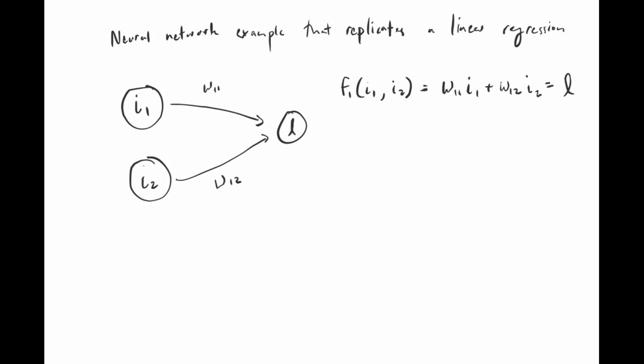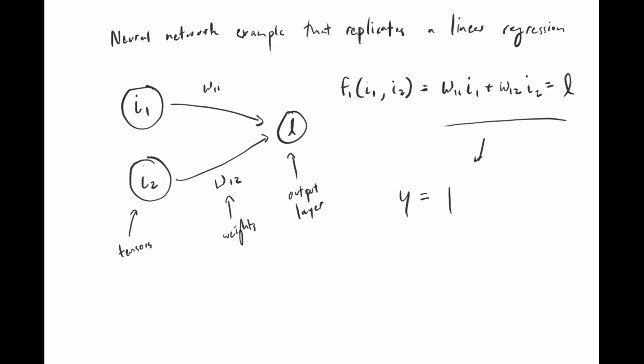So these are arranged as tensors. These are my weights, and this is an output layer. Really, when I look at this, this is functionally equivalent to y equals beta 1 x1 plus beta 2 x2.